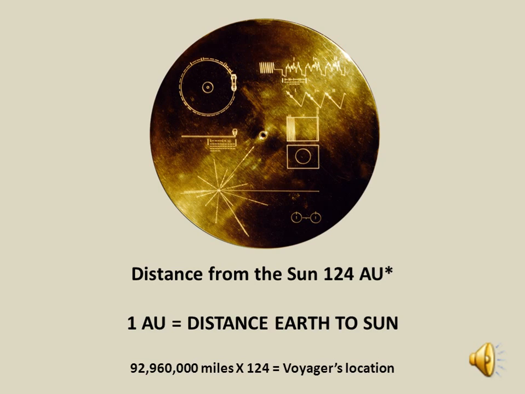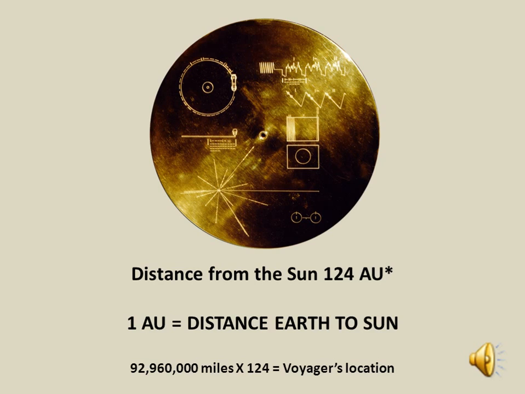The disc is carrying photos of Earth and its life forms, a range of scientific information, spoken greetings from languages of all people, including the President of the United States, and a medley of sounds of Earth that include the sounds of whales, a baby crying, and waves crashing on the shore, and a collection of Earth music, including works by Mozart. Voyager 1 is now 124 astronomical units away from Earth.